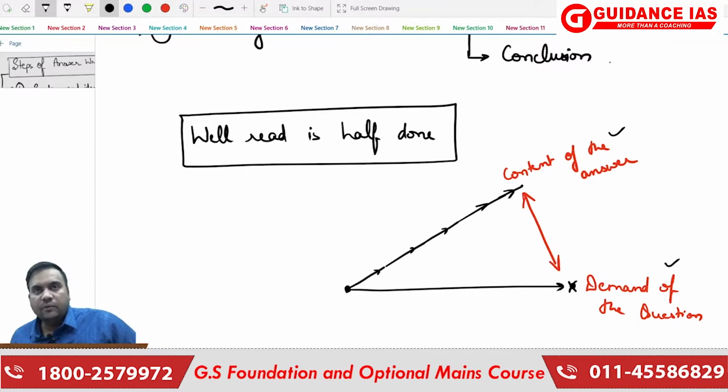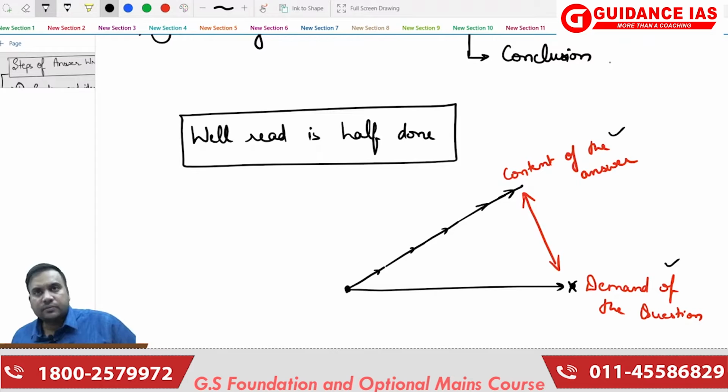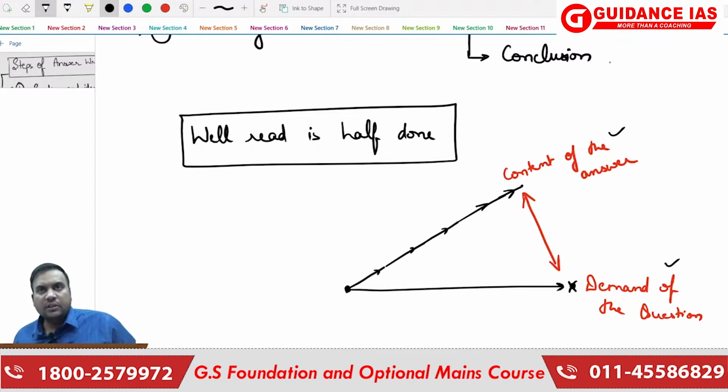Unfortunately, this feeling would not be shared by the examiner, because he was the person who was making the question. He was the person who is calmly reading the question and identifying what is needed and what is not needed. And your content has just deviated. And why is it so? Just because you didn't read the question properly.